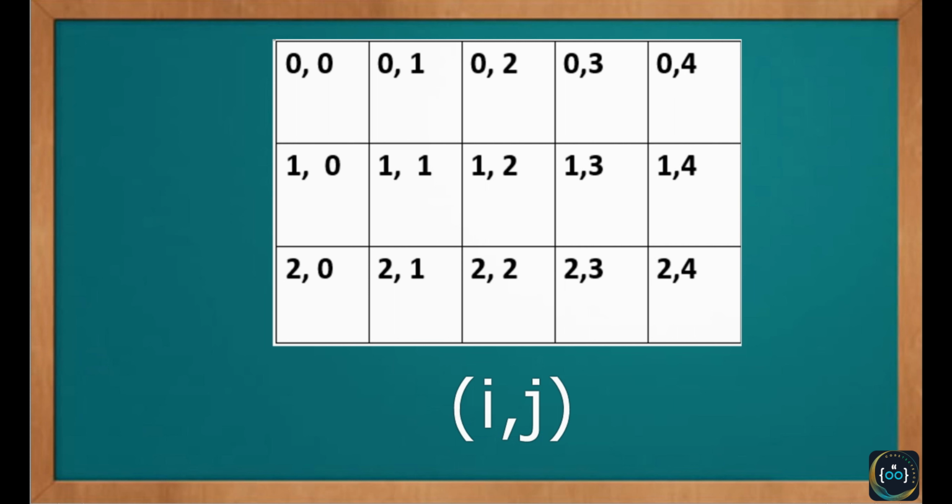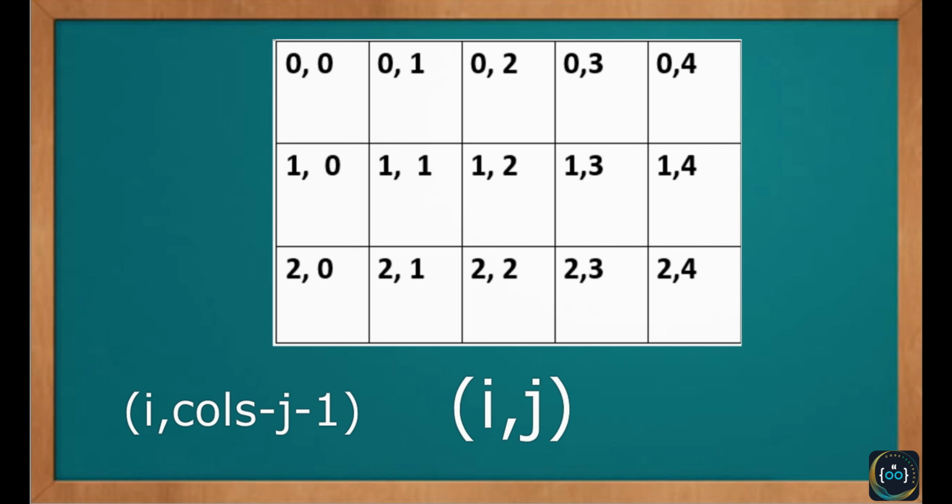So this is the formula we are going to use to do it. The I remains the same because the I is the rows and they are unchanged. To change the columns, we do cols minus J minus 1, where cols represents the total number of columns and the J represents the particular column we are on.